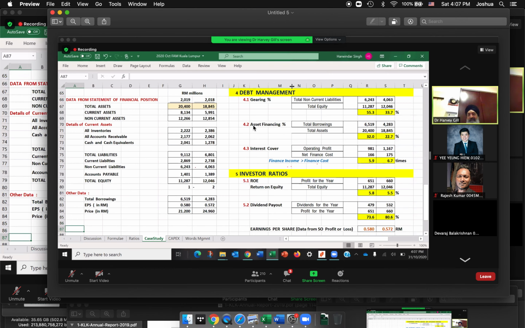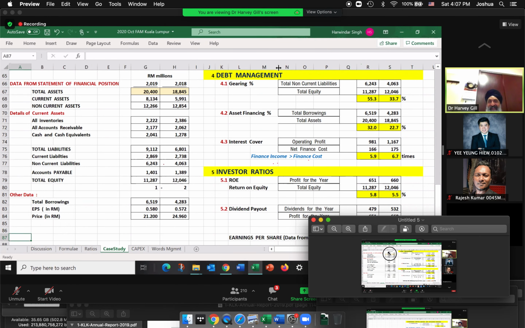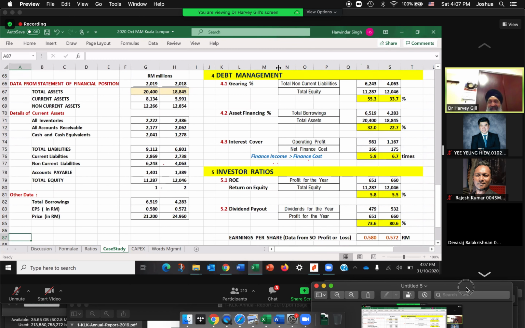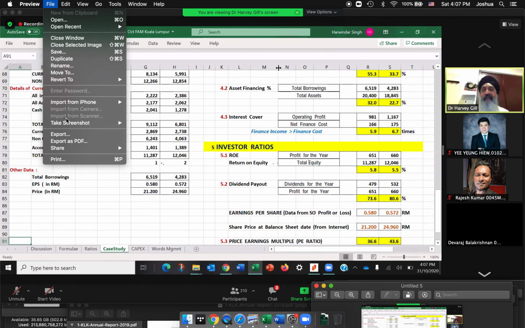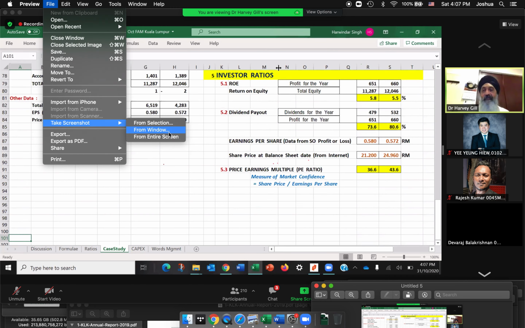There's a bit more after that though. And this is the last bit here, just a little bit, the investor ratios.